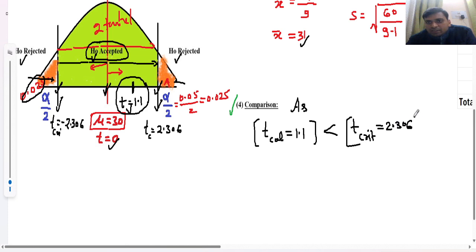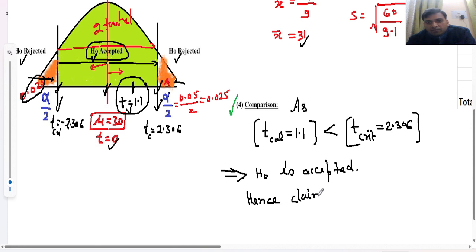That's why H0 is accepted. This implies H0 is accepted. Hence, the claim of the researcher is verified.